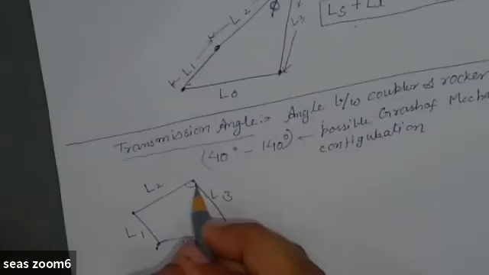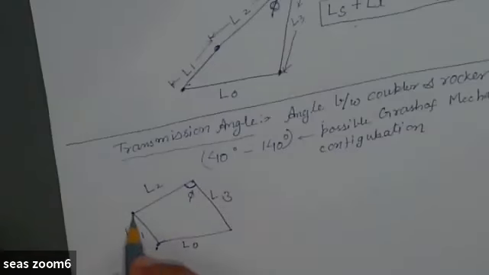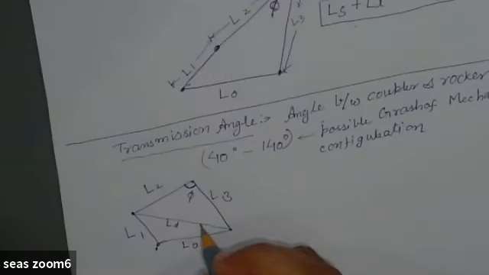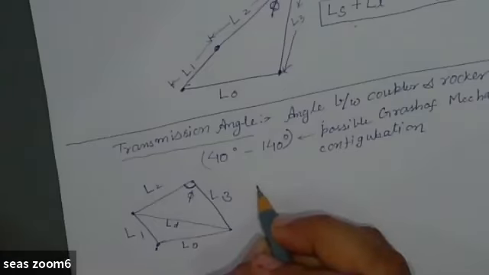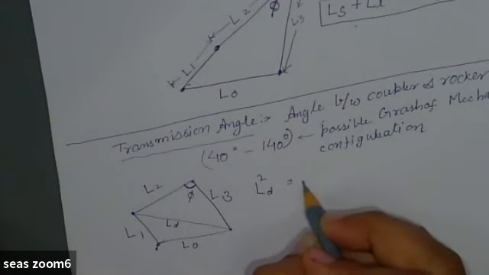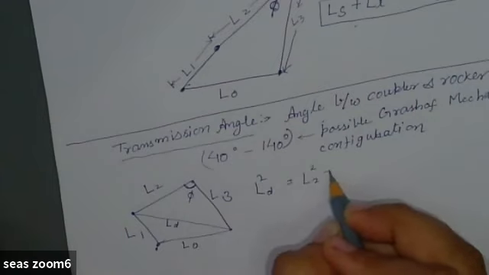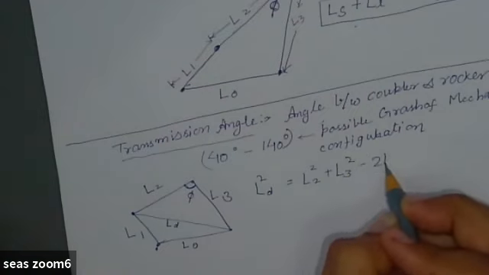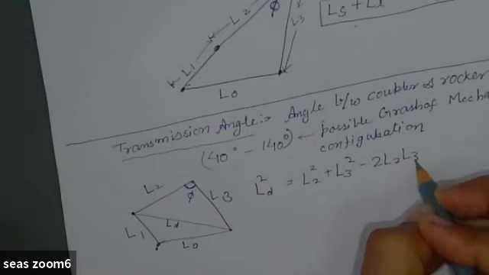And we need to find the expression for this transmission angle phi. Let's connect this point to this point, and let's say this is LD, which is the diagonal length LD. Then using the cosine rule of a triangle, we can simply write LD square is L2 square plus L3 square minus 2 L2 L3 cos phi.